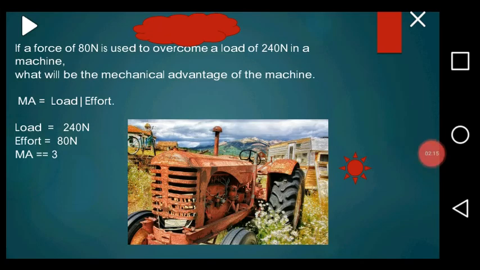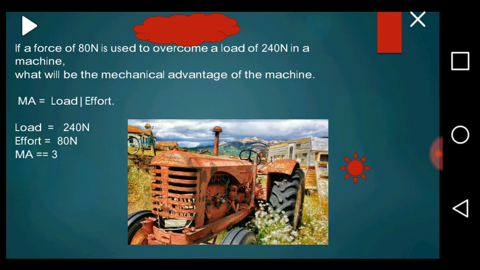Example: if a force of 80 Newton is used to overcome a load of 240 Newton in a machine, what would be the mechanical advantage of that machine? To get your mechanical advantage, you use a simple formula: MA, mechanical advantage, is equal to the load over the effort.